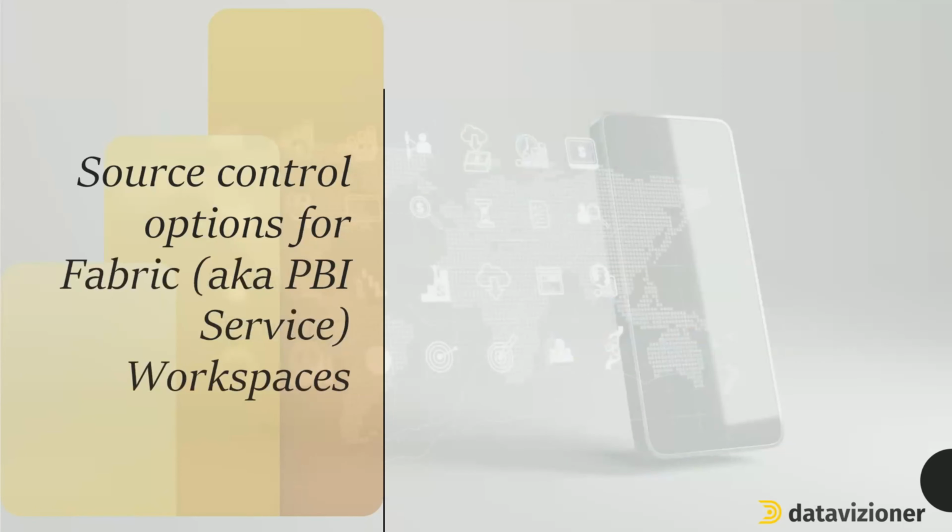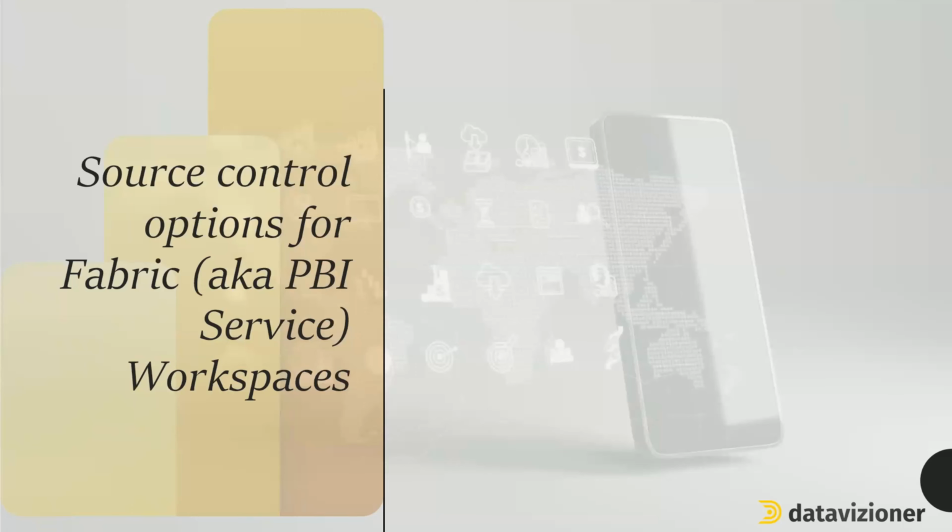Now that we have talked about Power BI Desktop, let's say that we created a Power BI project in Power BI Desktop, built our data set and the report, and then published it to Fabric.